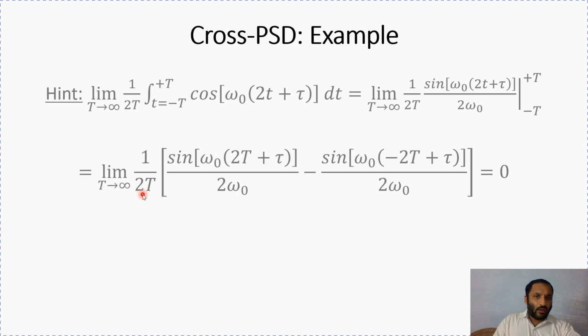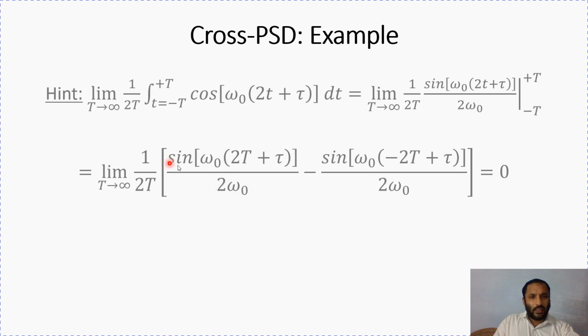Now clearly this T doesn't cancel from anywhere in the numerator, and you can see that the value inside this square bracket is of finite value, because what is 2 omega naught? 2 omega naught is a fixed number, a constant.